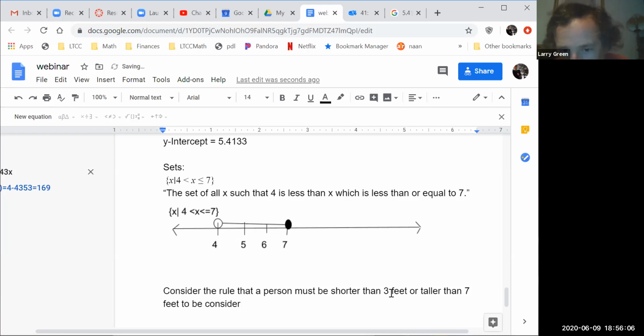Maybe I'll make that 4 instead of 3. How about 5? To be considered an outlier. Write this in set notation.